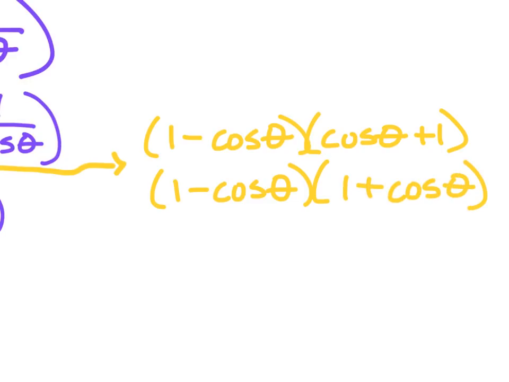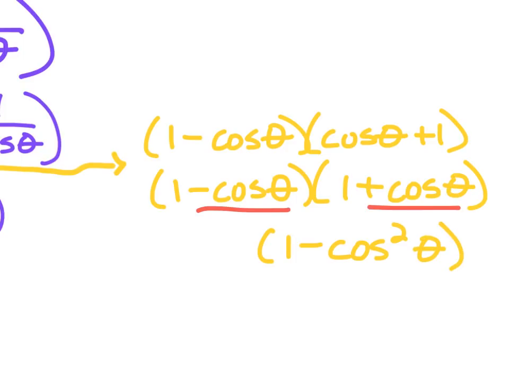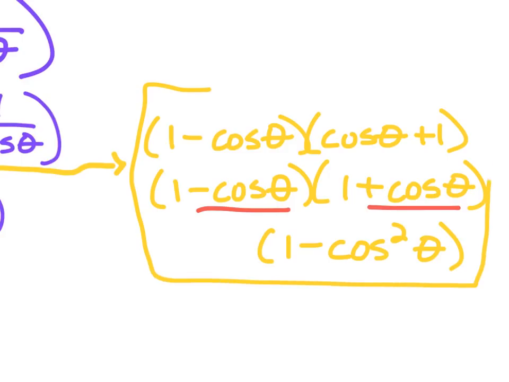And if you FOIL that, remember that that's the type of problem that's going to give you the plus cosine and minus cosine that'll cancel. And so your answer is going to be 1 squared, which is 1, minus cosine squared of theta. So take a minute and make sure that you understand where all of that comes from.